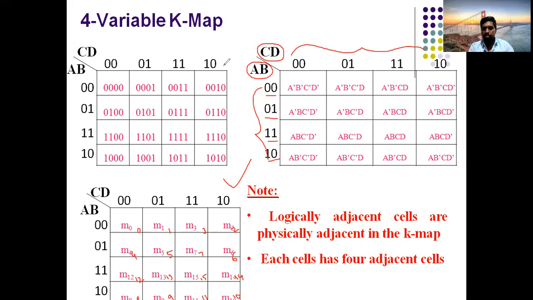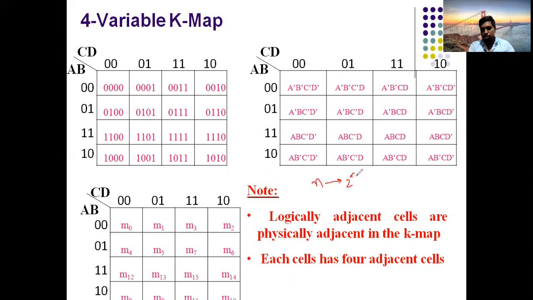Simply write 0 for one row and 1 for another row. It will be enough. So please learn how to draw the K-map and then label it. But the first step is to find how many input variables are involved, and then find how many cells are required, that means 2 to the power n cells, and then draw the K-map.